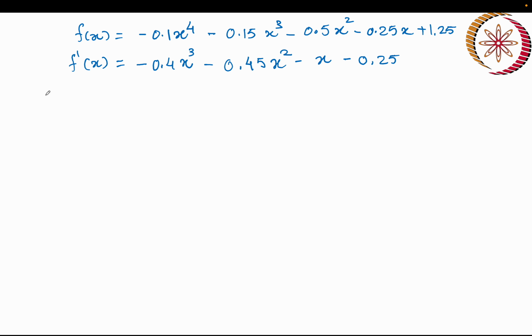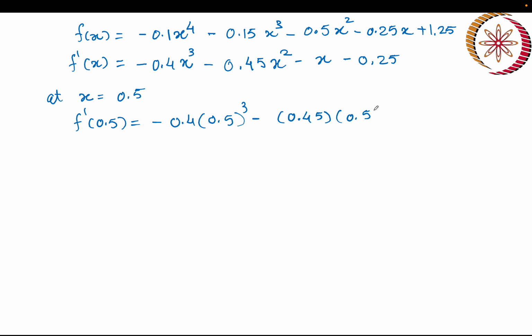Okay, and we want to find it at x equal to 0.5. So f dash at 0.5 is equal to minus 0.4 into 0.5 cube, minus 0.45 into 0.5 square, minus 0.5, minus 0.25.